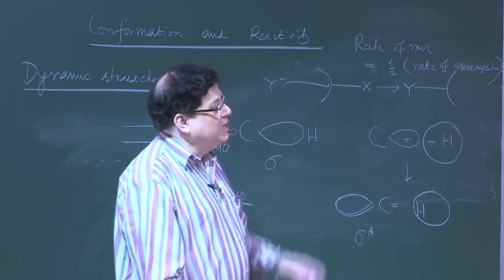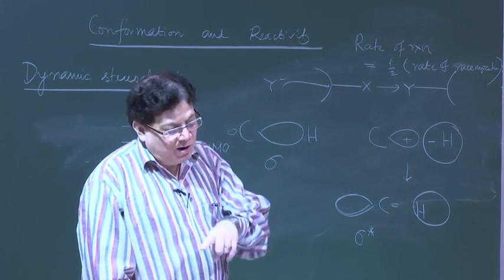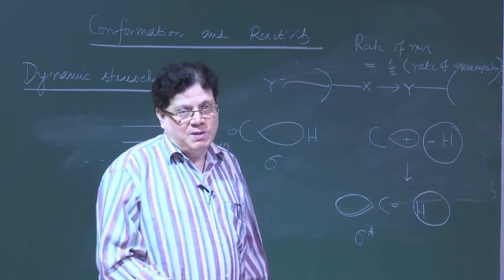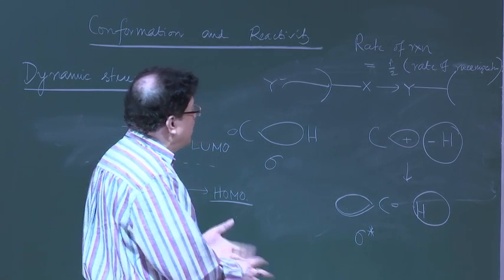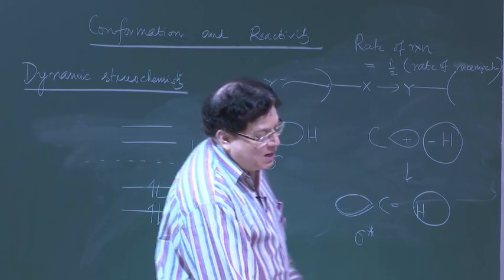For each 1 molecule getting inverted, you get 2 molecules being racemized. So, the rate of reaction is half the rate of racemization, and this was really proved.